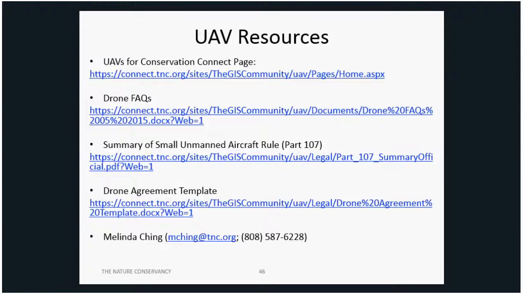For those of you who don't know, it used to be you needed a pilot's license to fly one of these drones, and we knew most of our folks did not. So we need to loosen up the standard in the drone FAQs and guidance, because we can fly legally now and we can take photos.